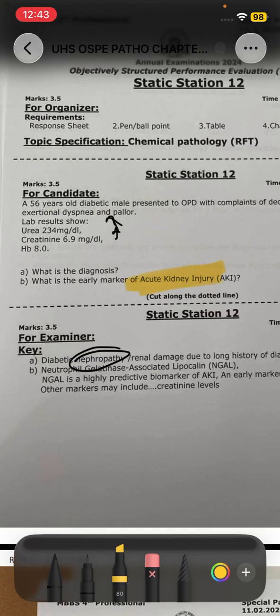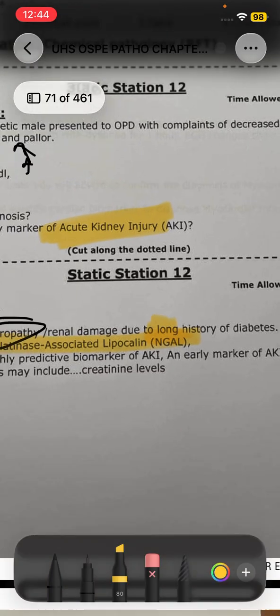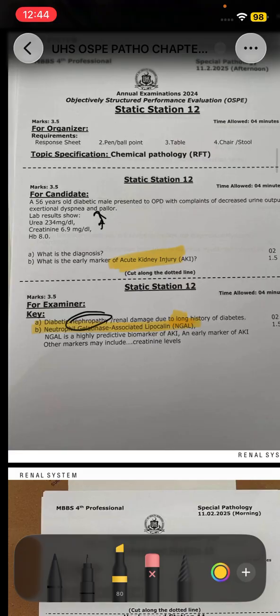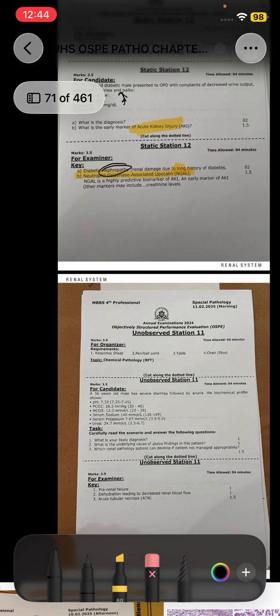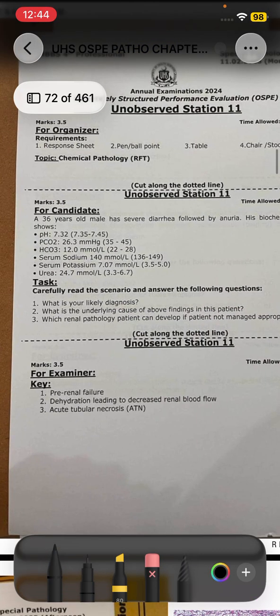NGAL is a very active marker of acute kidney injury. You can also use creatinine levels, but NGAL is a very good and specific marker.